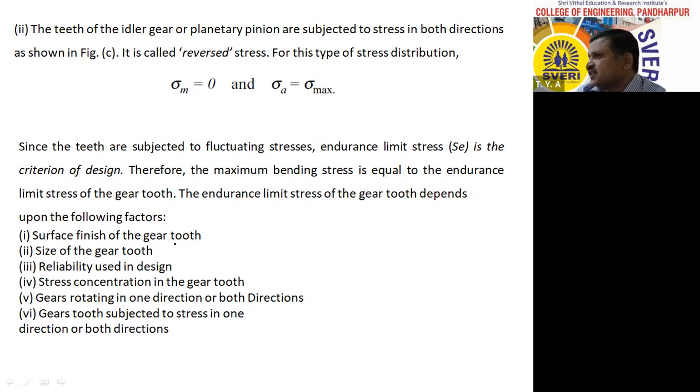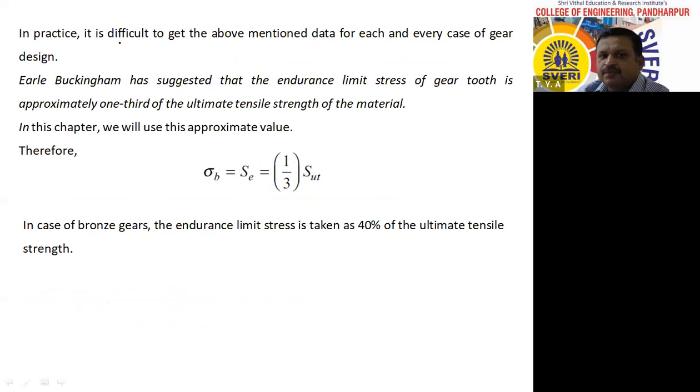And sixth, gear tooth subjected to stress in one direction or both directions. Therefore, the endurance limit stress, SE, of the gear depends on these six factors. I think you understood it. In practice, it is difficult to get the above mentioned data for each and every case of gear design.